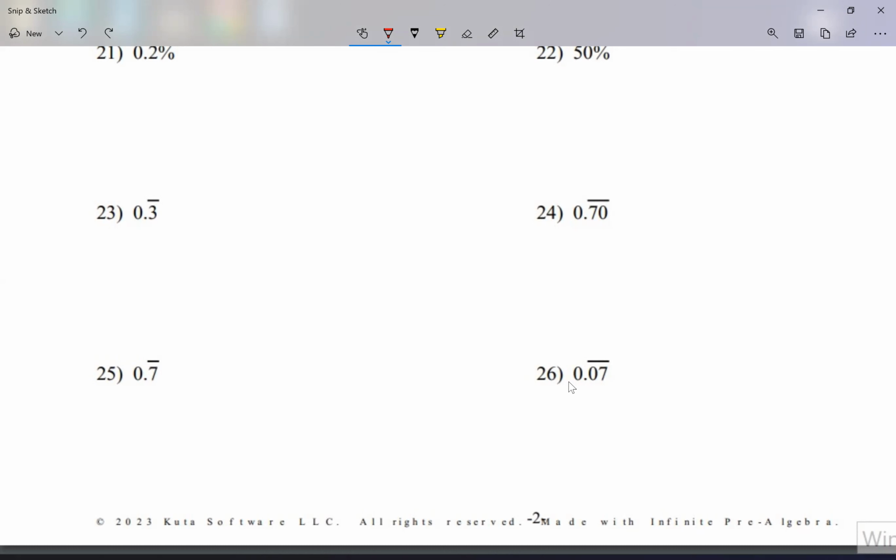Okay, before I look at how to do this, let me do something really quick. Let's say I had 0.22222, and I multiply this by 10. Now that will give me 2.2222. Because I multiply by 10, I move the decimal one place to the right.